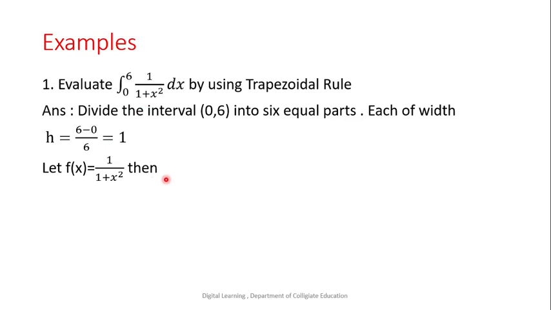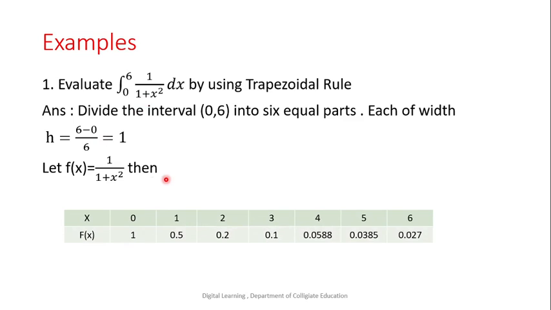Now construct the table. X takes values starting from the initial value 0 to 6 with width h equal to 1. 0 plus h is 1, 1 plus h is 2, 2 plus h gives 3, again 3 plus h gives 4, 4 plus h is 5 and 5 plus h gives 6.